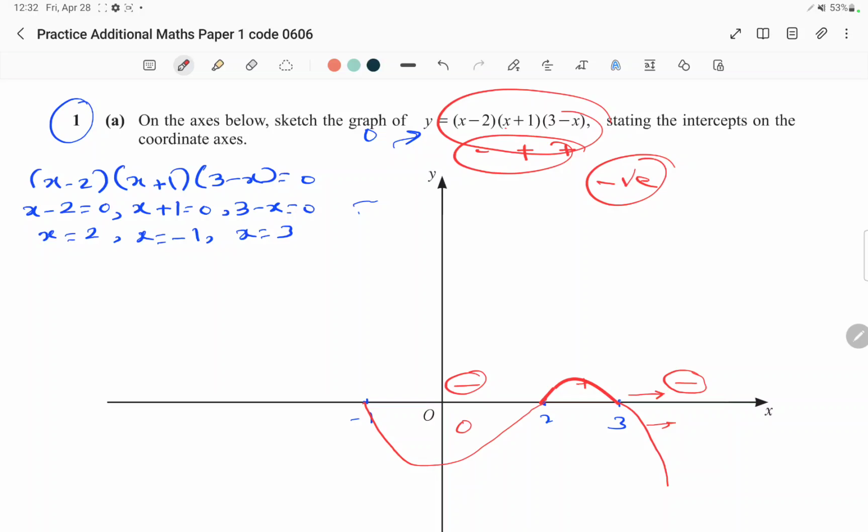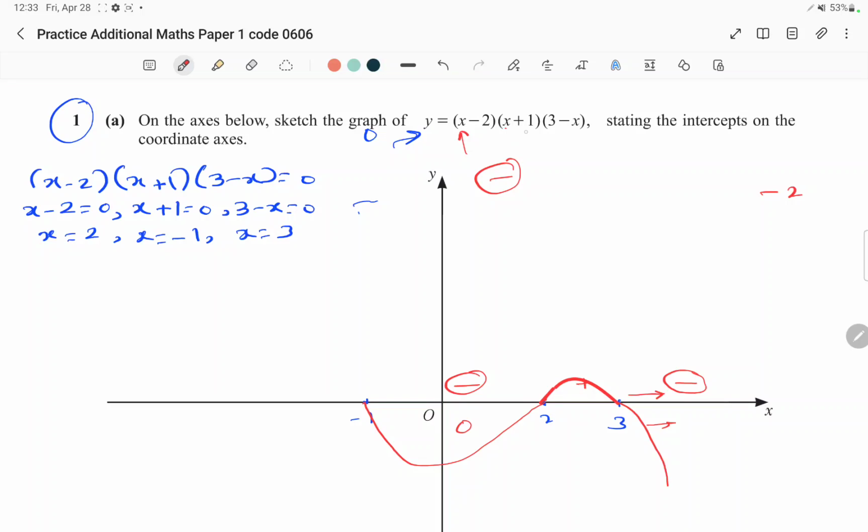Okay, and then what you can do here, you can select any number which is smaller than minus 1, like minus 2, and just put minus 2 over here. Minus 2 minus 2 is minus 4. But we are not bothered about the magnitude, we just need to check whether the sign is positive or negative. So minus 4 is negative. Now minus 2 plus 1 is again negative, but 3 minus of minus 2 is 3 plus 2, which is 5, so it's positive.